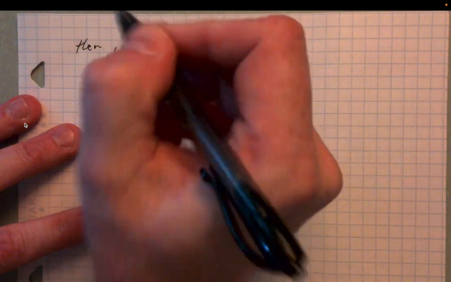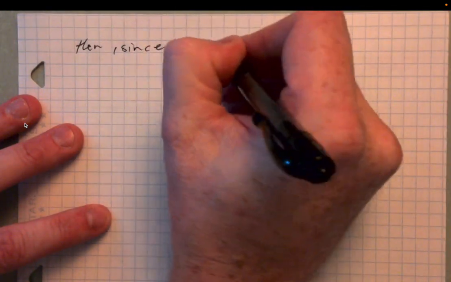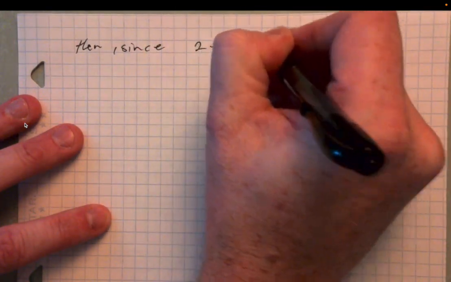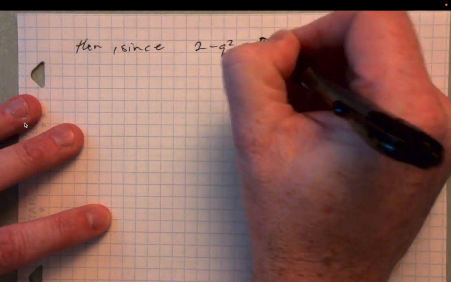So then, since 2 minus q squared is in P, oop, P, not R, sorry about that.